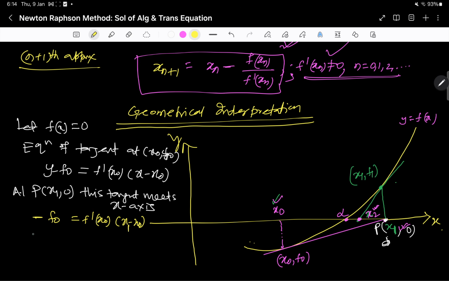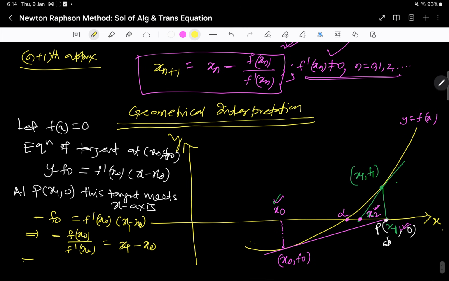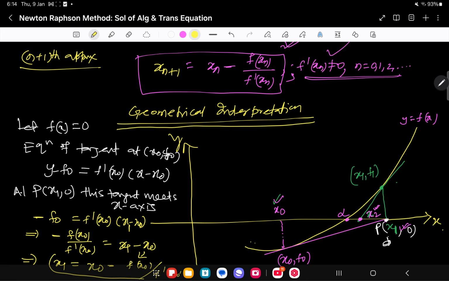So what is my x1 now? That means minus of f(x0) divided by f dash x0 is equal to x1 minus x0. So this implies x1 is equal to, bringing this to this side, x0 minus f(x0) divided by f dash x0. Okay, so is it not our first approximation?